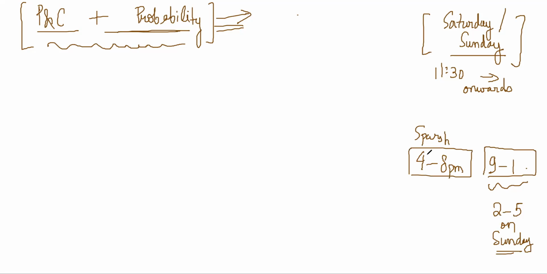Just don't block Sunday from 7 to 9, sir. Other than that I'm free the whole day. 7 to 9 in the evening on Sunday, okay. Yes, just that I can't do, I'm not free then. Okay. What about Saturday? That is fully free, except those 4 hours. So morning is fine, no? Saturday morning, yes. Okay, so I will let you know. We'll do a class on Saturday or Sunday.